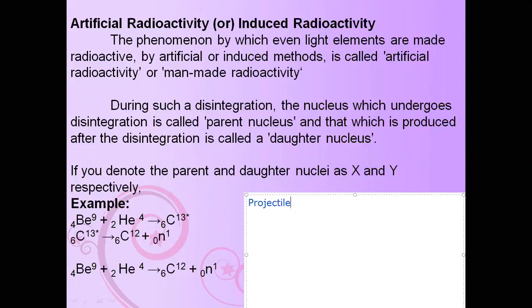After the disintegration, we get some particles that are called ejected particles. So the particle which is used to induce the artificial disintegration is termed a projectile, and the particle which is produced after the disintegration is termed an ejected particle. Okay, so this is artificial radioactivity.